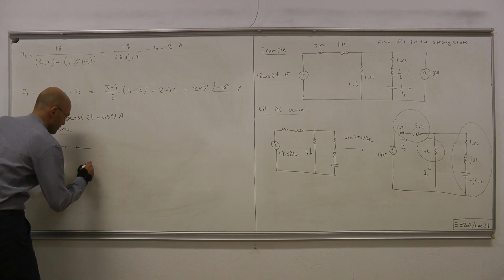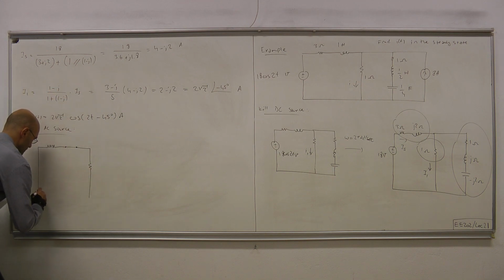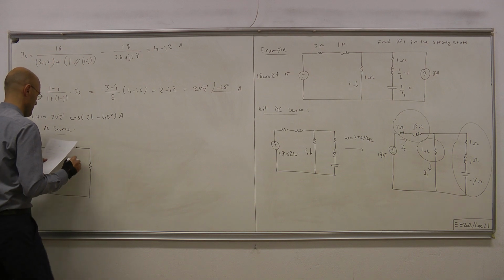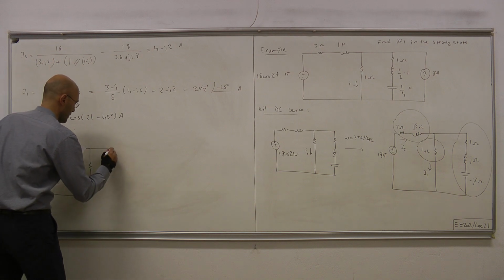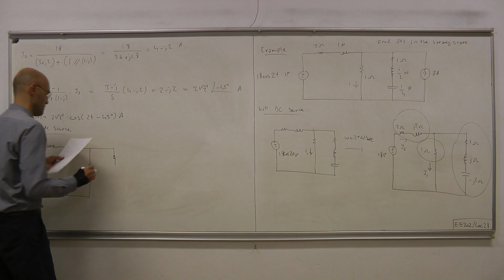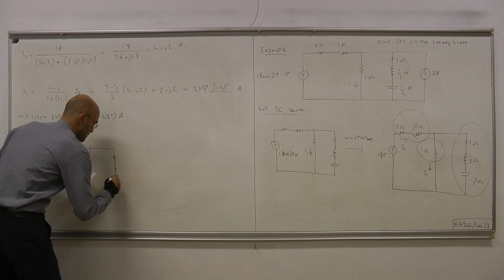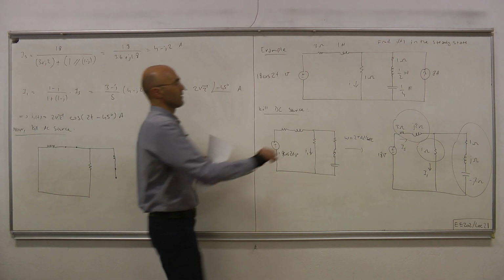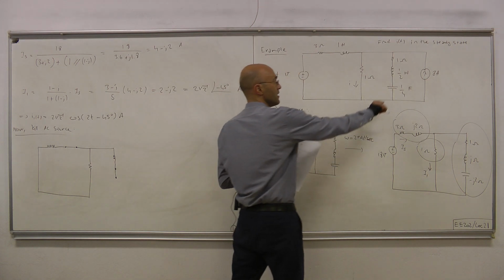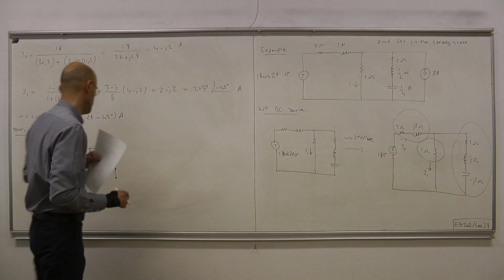And then we have this resistance, and here we have the other resistor. Here we have our inductor, which is a short circuit in DC steady state, and here we have a capacitor, which is an open circuit in DC steady state.